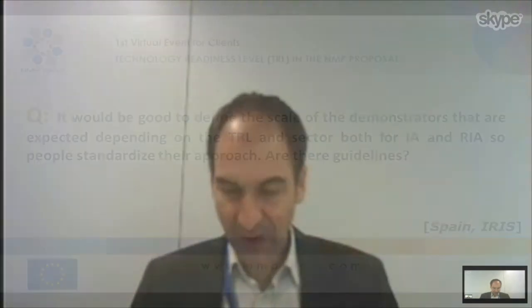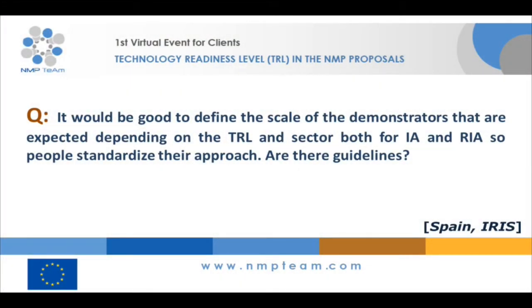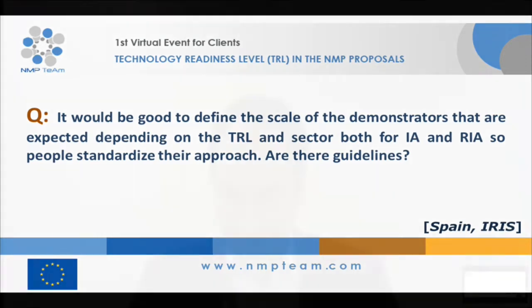It would be good to define the scale of the demonstrators that are expected, depending on the TRL and sector. Yes. Well, we do that because we say what the rough scale of the funding is. We give an indicative funding range in each case.